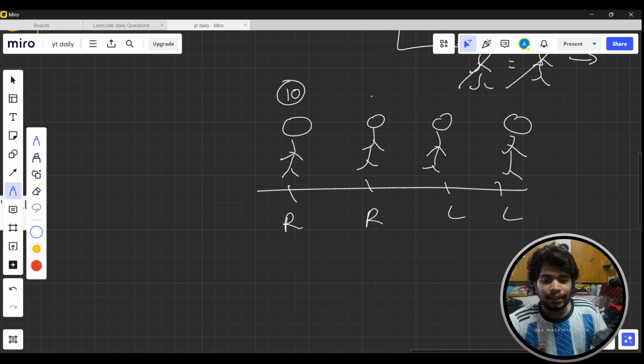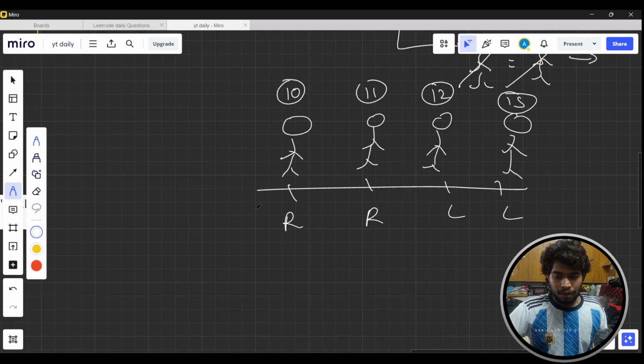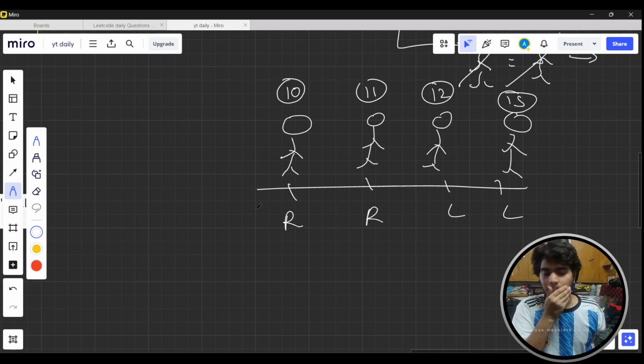Let's say it is 10, 11, 12, and 15. For sure I know that since the robots are moving simultaneously, robots having the same direction will not collide.